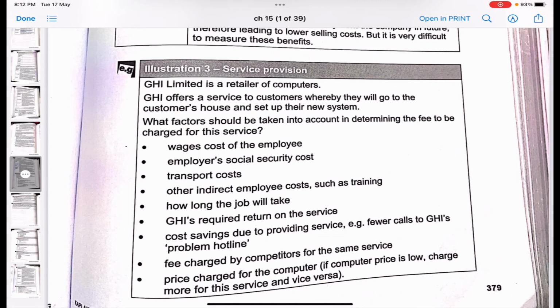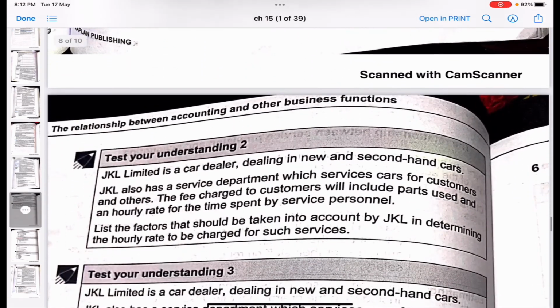Wage costs of the employees, social security costs, transport costs, other indirect costs, how long the job will take, GHI's required return on the service, cost savings due to providing the service, fewer calls, and the fee charged by competitors for the same service. If the price charged for the computer is low, then charge more for the service, but if the computer price is high, then charge less for the installation. All that should be taken care of.